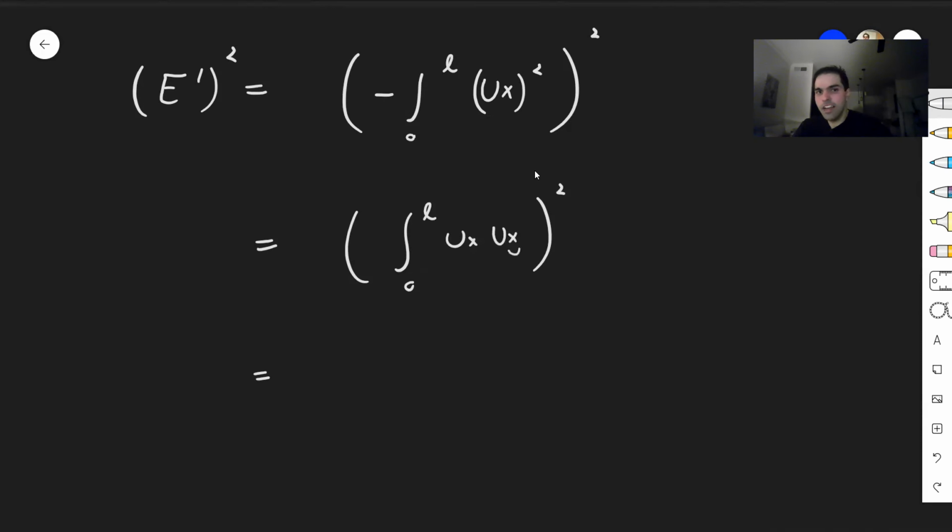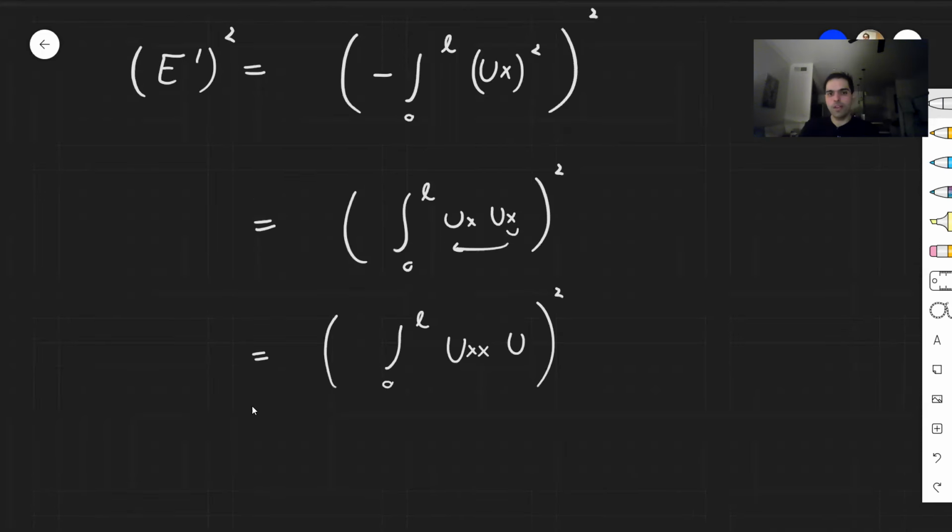And again, another integration by parts. So this becomes minus the integral from 0 to L of u_xx times u, squared, but again, minus squared becomes plus. So this is E double prime squared.